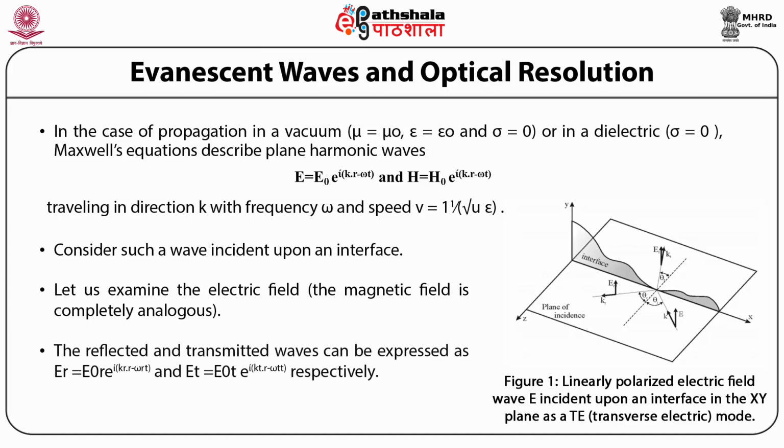The reflected and transmitted waves can be expressed as E_R = E_0R e^(i(k_R·r − ω_R t)) and E_T = E_0T e^(i(k_T·r − ω_T t)) respectively.